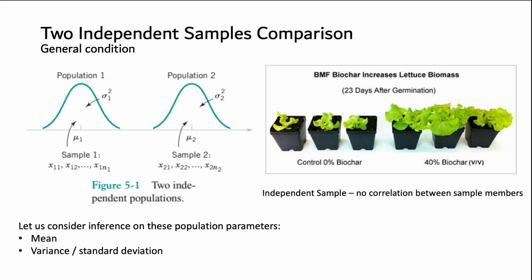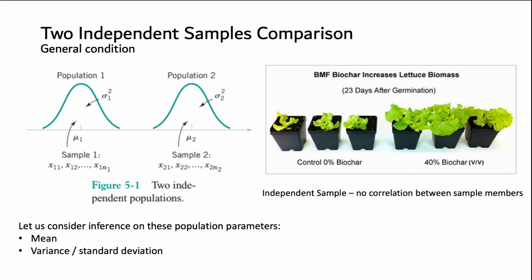So what does independent sample mean? Independent samples means they have no correlation between sample members. If we look at the top right figure, we can see two groups of vegetables. On the left, we can see the group of vegetables which was grown without biochar.